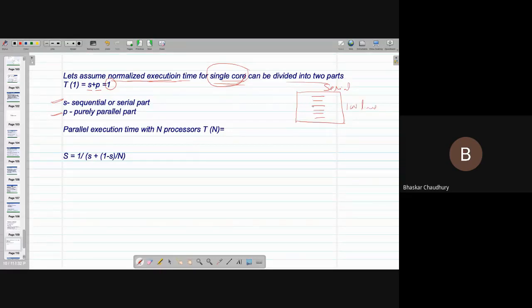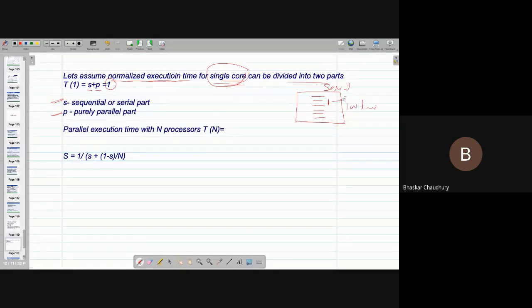Now, if you look into this code, there is a certain part which is not parallelizable. You have to do it sequentially. There is no other way. Let's say for whatever reason there is a dependency issue, so you have to do it serially.